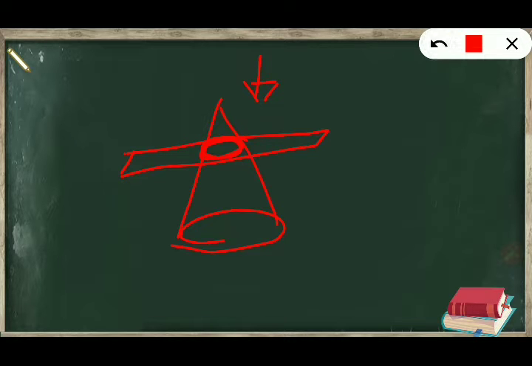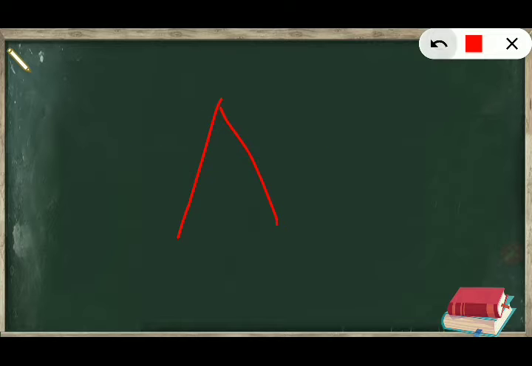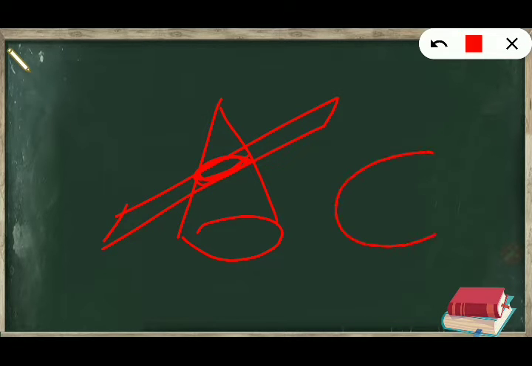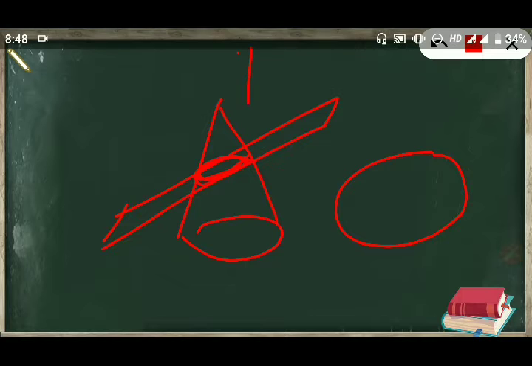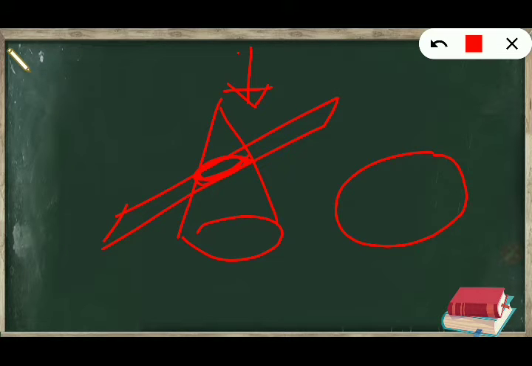But now we take another type of plane, which is not straight but inclined like this. When it cuts this cone and you see from the top, it will look like this. This diagram is an ellipse. It is not an exact circle, but an ellipse.